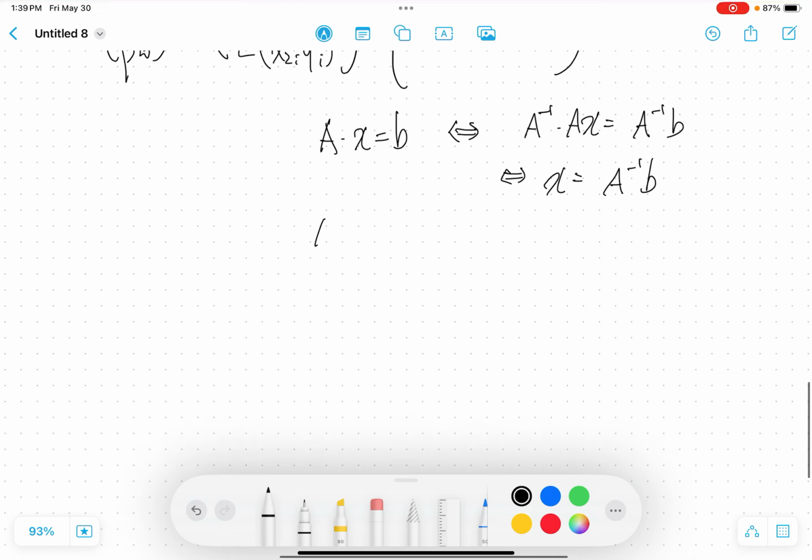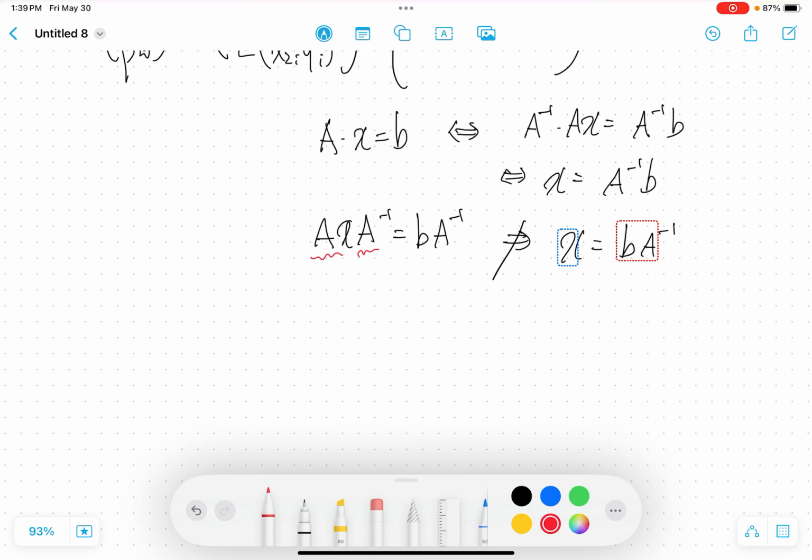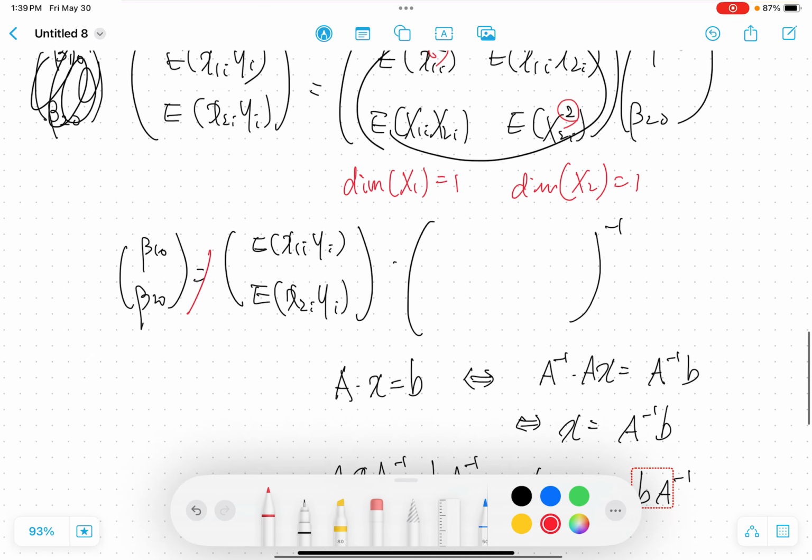But what is wrong is if you post-multiply a inverse, then it does not imply x equals b a inverse, right? So this a and a inverse do not cancel out. So it is wrong. And still, surprisingly, in the next line, it became correct.